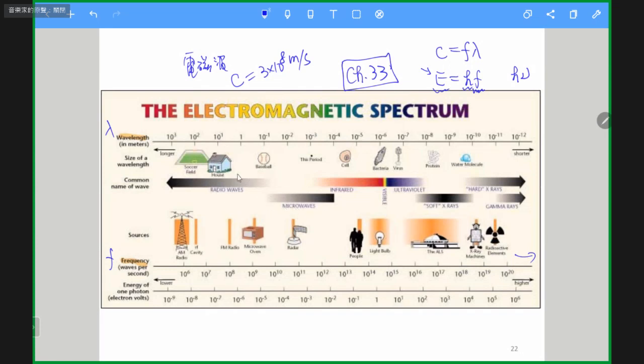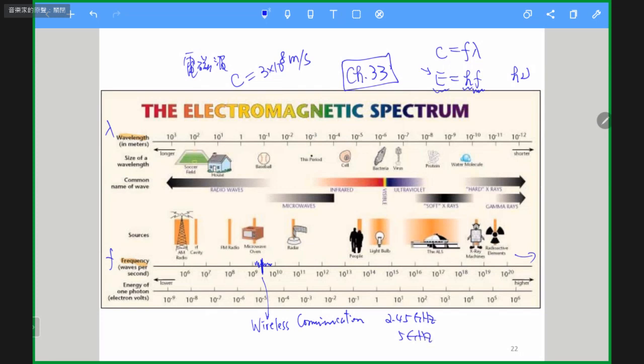So you can see somewhere here, we use this range of frequency for wireless communication. For example, for Wi-Fi, you generally use the 2.45 gigahertz band or 5 gigahertz band.